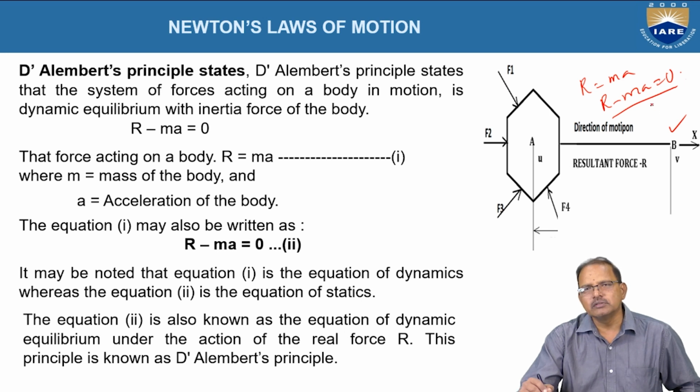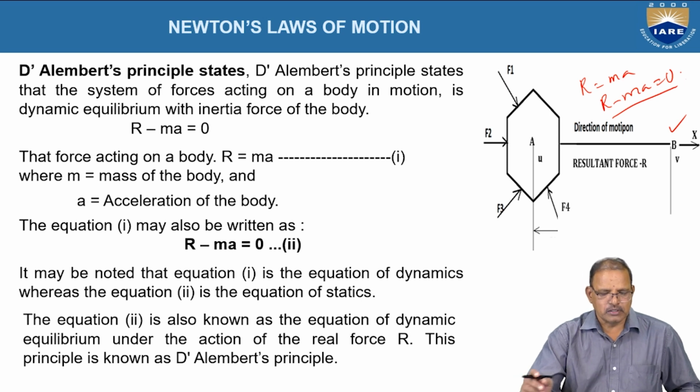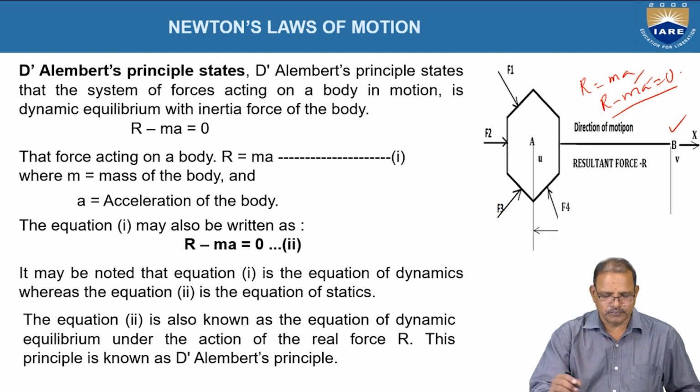That is R is equal to M into A, which can be written as R minus MA is equal to 0, where MA is treated as the inertia force. That is, when the body is in motion, when the system of forces is acting on the body, it always keeps in dynamic equilibrium with the inertia force. This principle is known as D'Alembert's principle, where M is the mass of the body and A represents the acceleration with which the body is moving.